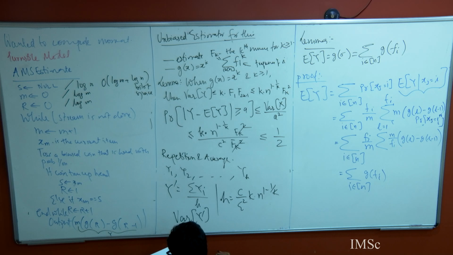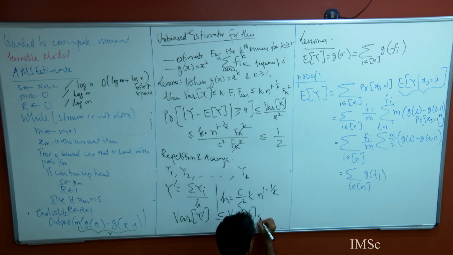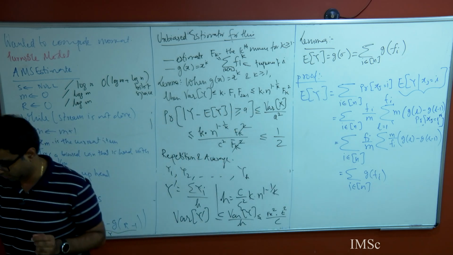Variance of y prime is going to be variance of y divided by h, right. This is what we have been seeing. If I take so many copies, then this is going to be less than or equal to fk divided by fk square, times epsilon square by c. This is what we are going to get from here.